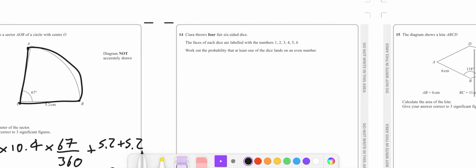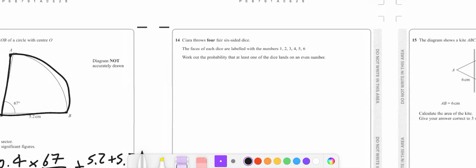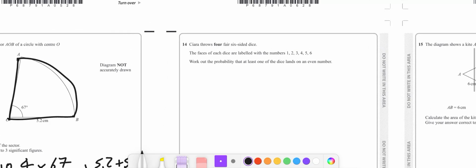Chiara throws 4 fair dice. The faces on the dice are labelled with the numbers 1, 2, 3, 4, 5, 6. Work out the probability that at least one of the dice lands on an even number.